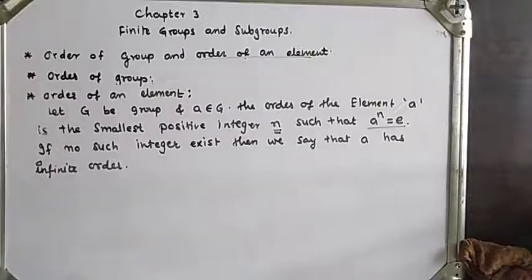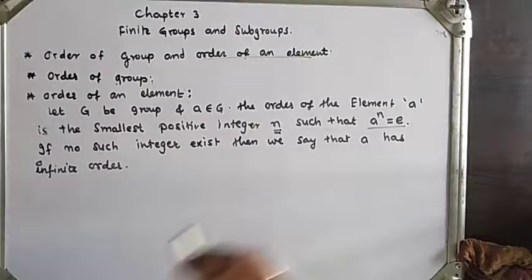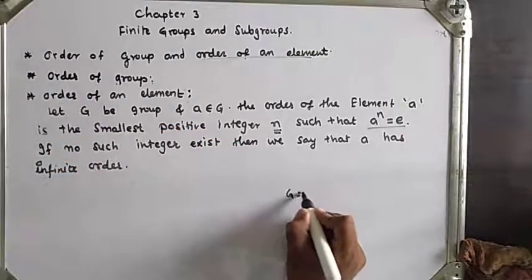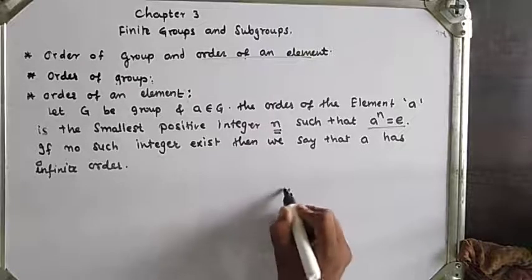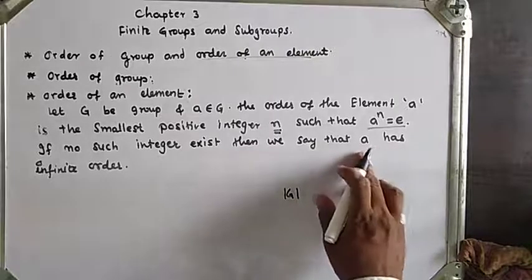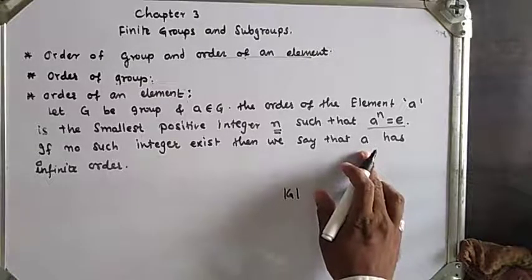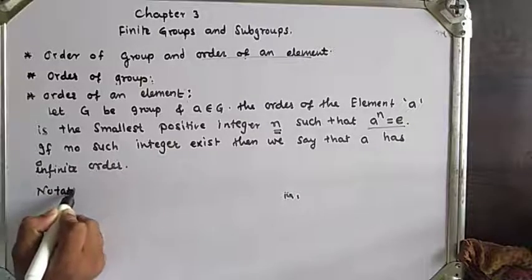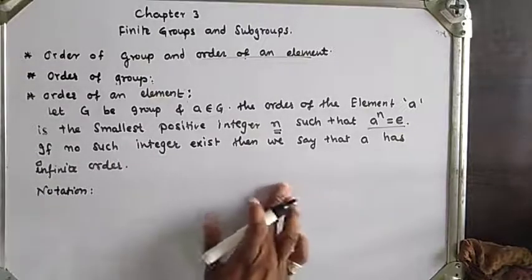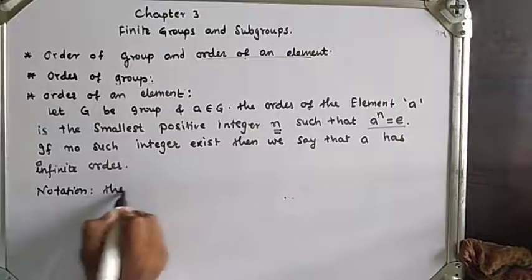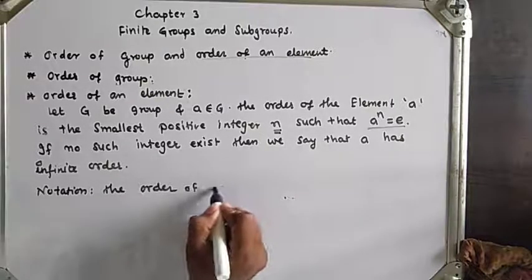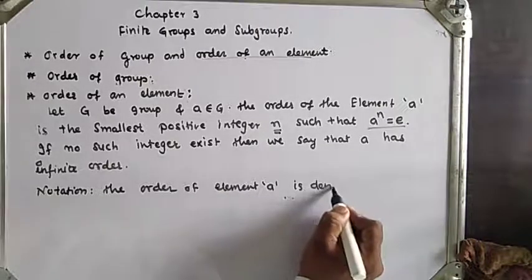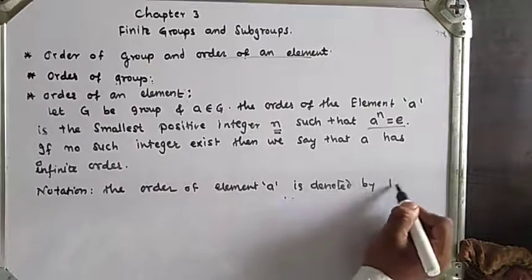We have seen in the previous part the order of a group. For a group G, the order of G is denoted by mod G, and the order of an element a is denoted by mod a.